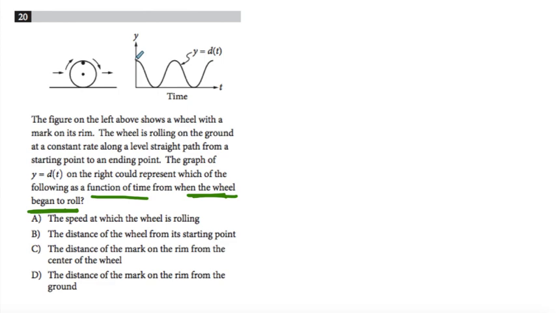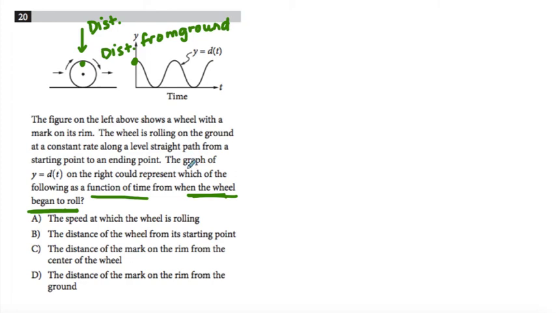So I have to really identify what this represents here. And if this is where the starting point is, this is the distance that it is from the ground. So I said that this right here was the distance from the ground. Okay.